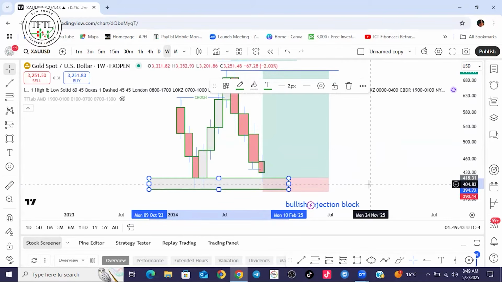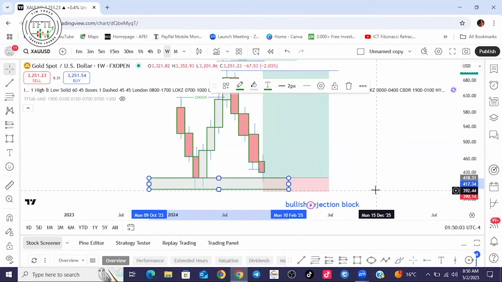The reason why we are now calling it a rejection block. So this rejection can basically signify that institutional players, that is the big banks, the smart money, are actively defending a level, making it an ideal place for entries aligned with the overall trend.